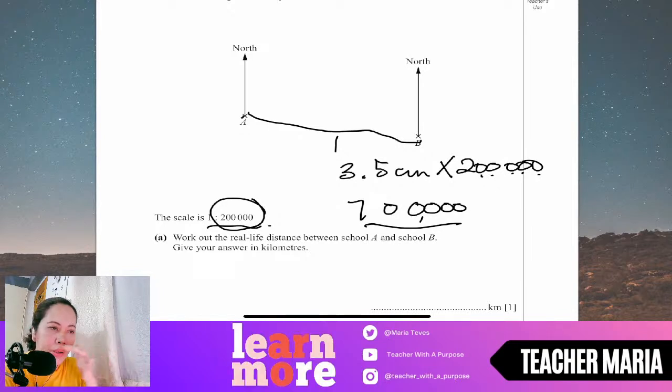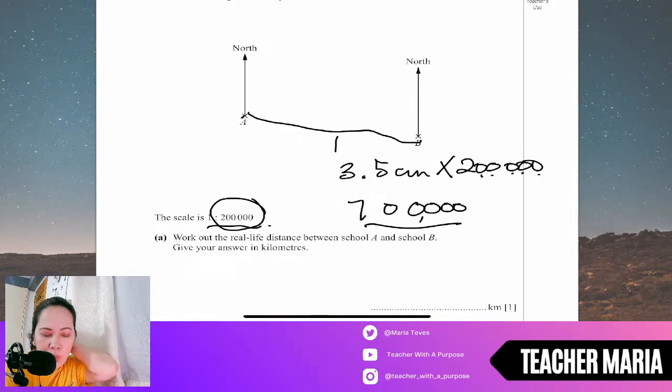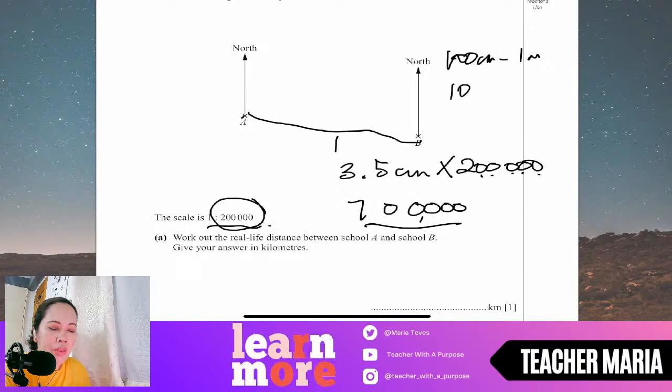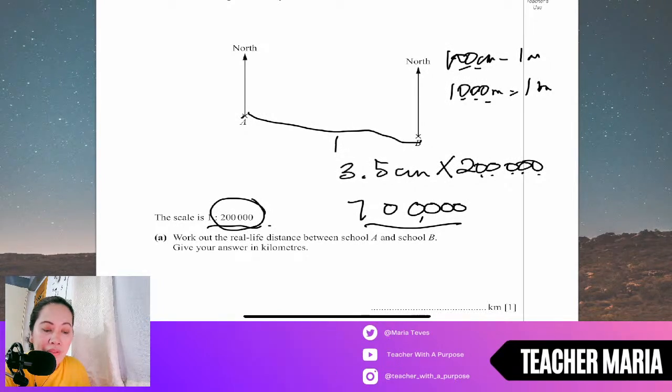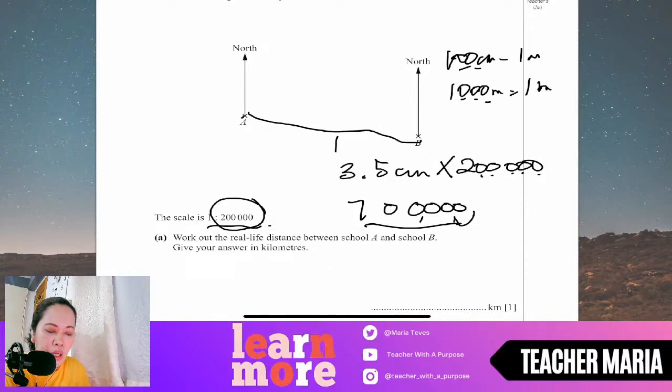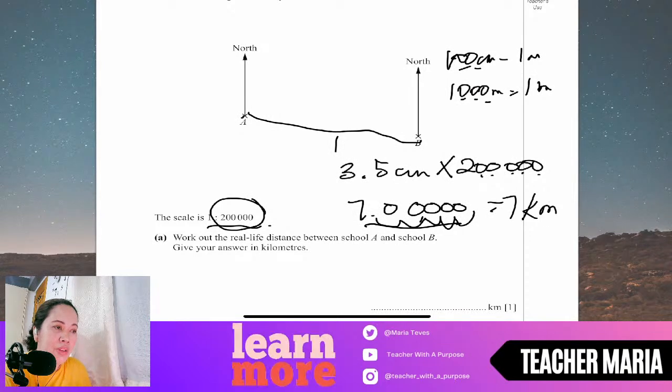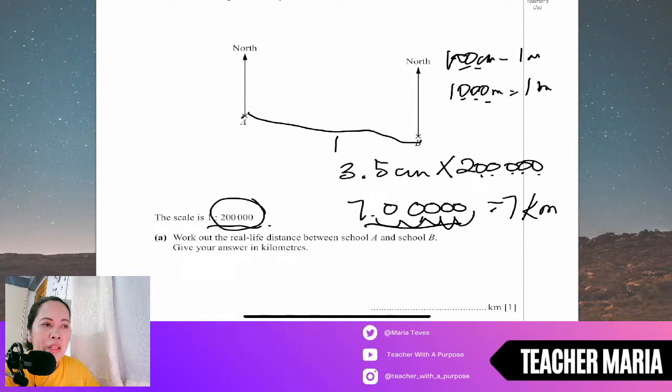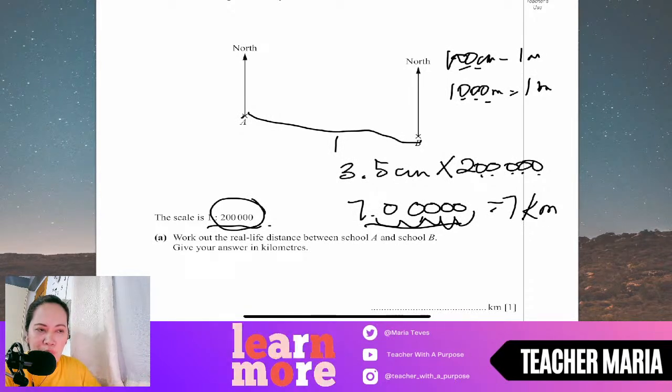So 100 centimeter is 1 meter and 1,000 meters is 1 kilometer. So basically that's 1, 2, 3, 4, 5 zeros as well. So just move 5 zeros. That's equivalent to 7 kilometers. Okay. So that is how you would solve the distance.